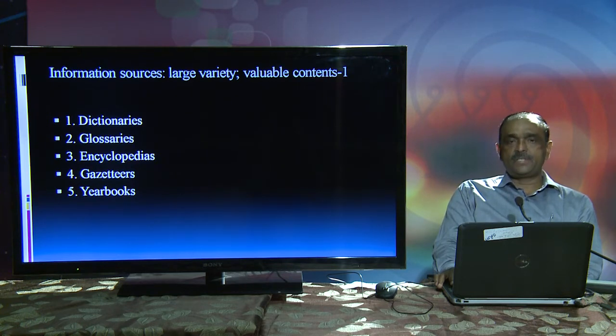The title of this yearbook is known as India Reference Annual. This provides statistics related with agriculture, with education, industries, and many other subject fields. This is a detailed statistics coming from the authentic agency, that is the Government of India.